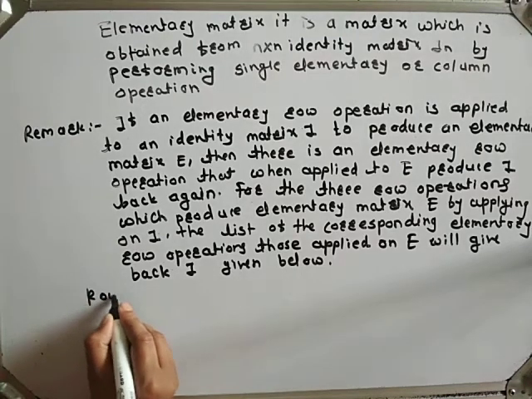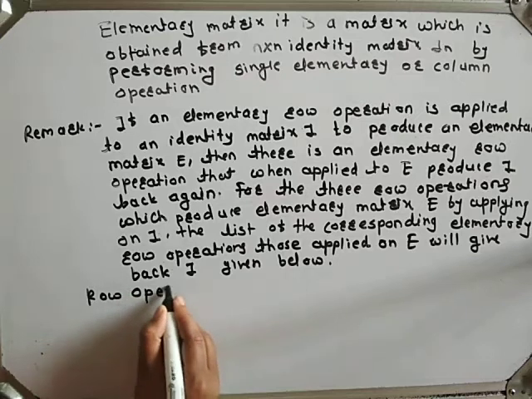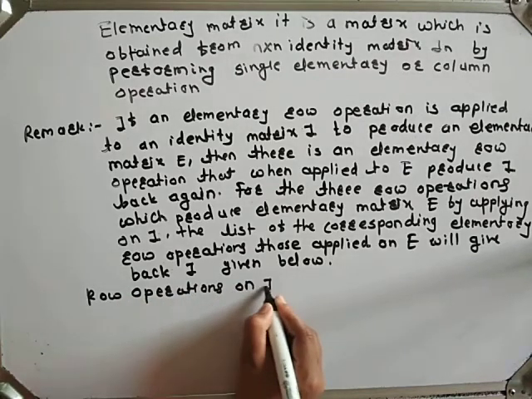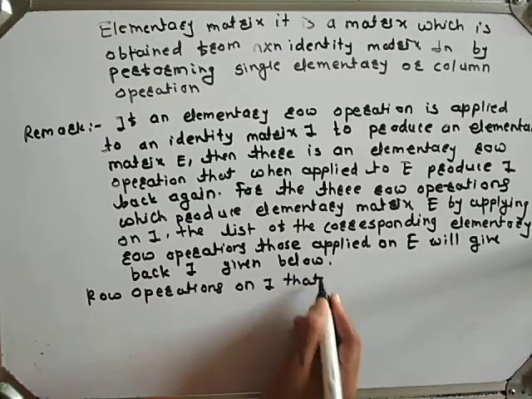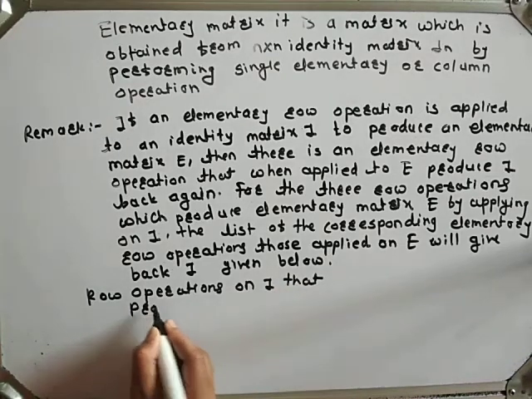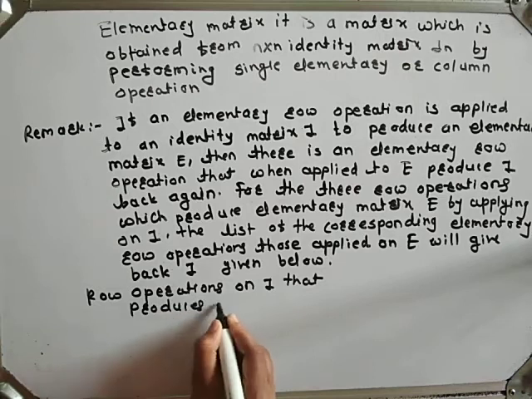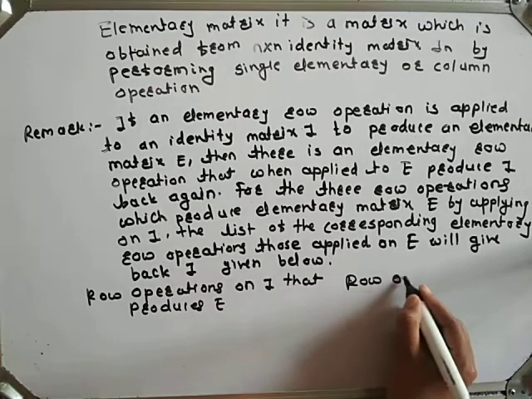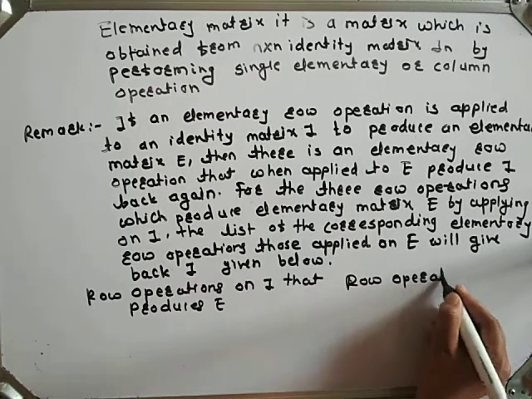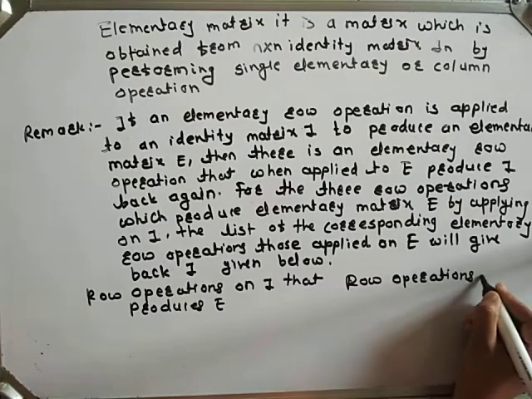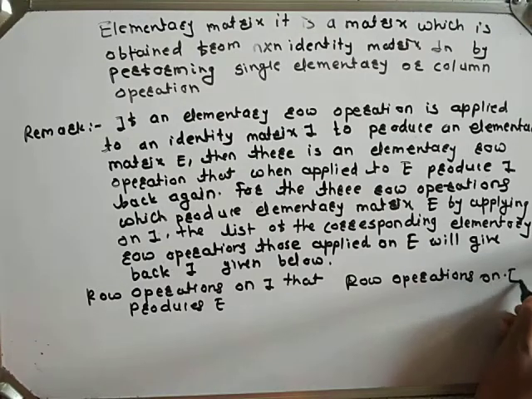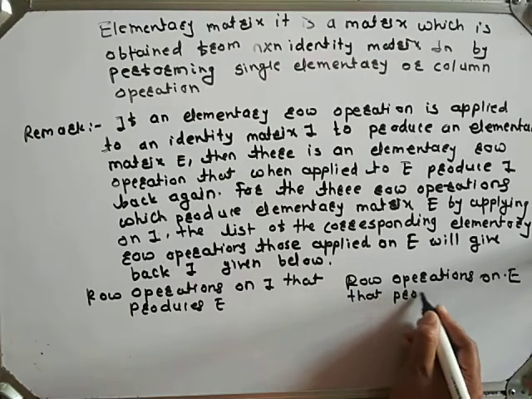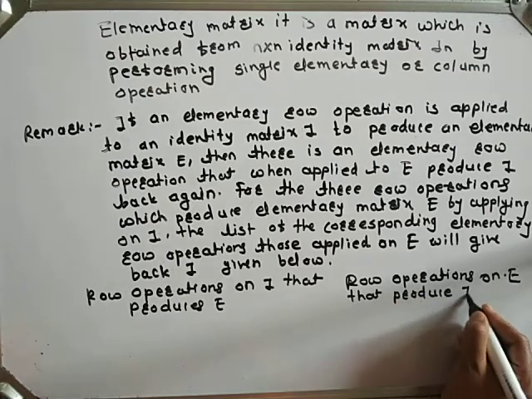First, the row operation on I that produces E, and the row operation on E that produces I back.